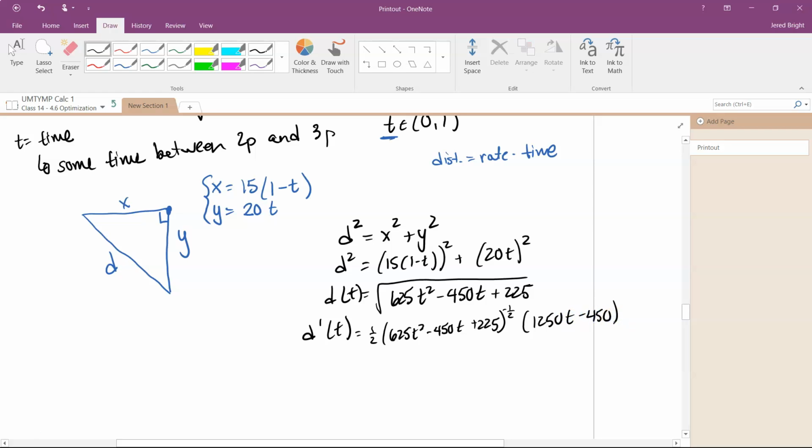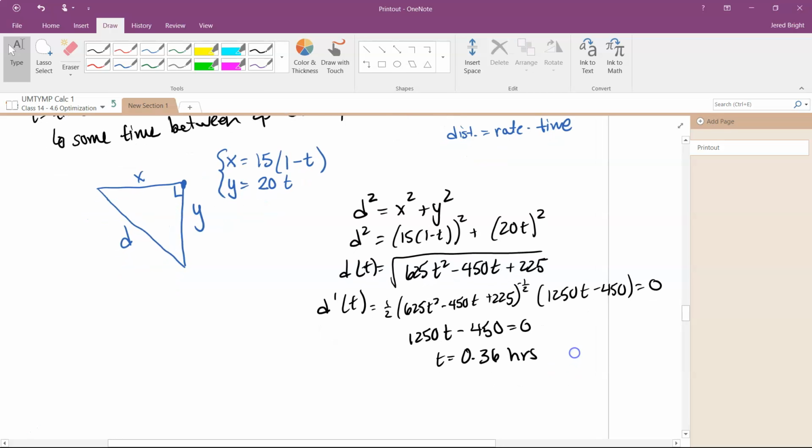This is equal to 0 for the critical numbers, and the whole denominator would wipe out, so I just set the numerator equal to 0. This gives me 1250 t minus 450 equal to 0, and if you solve this, I got 0.36 hours.